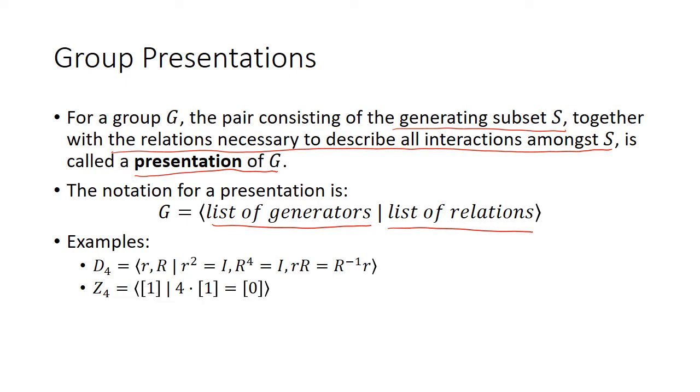So it's basically like you're saying you're going to take all of the products and powers and combinations of those generators such that the relations are true. That's basically the meaning of the notation.